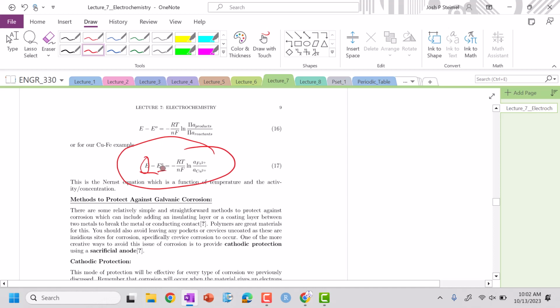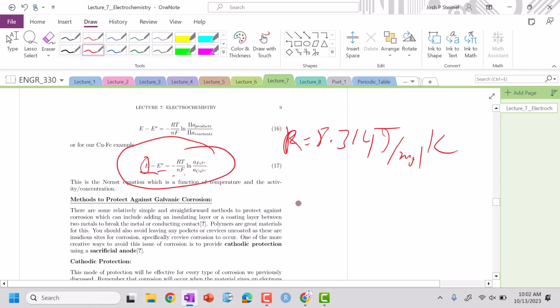E naught is my standard cell voltage. R is my gas constant, 8.314 joules per mole K. N F, Faraday's constant.